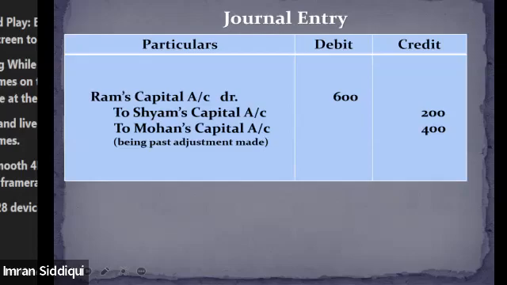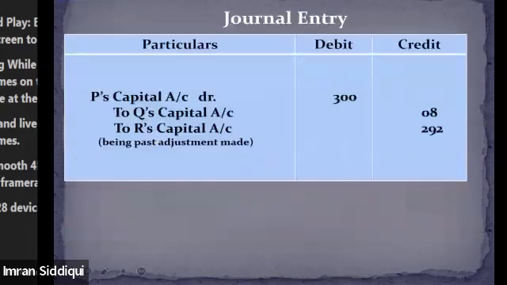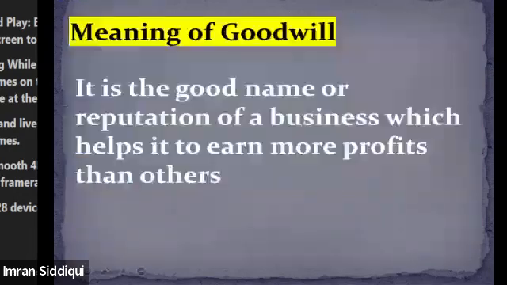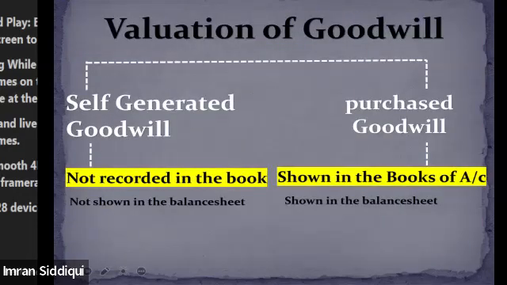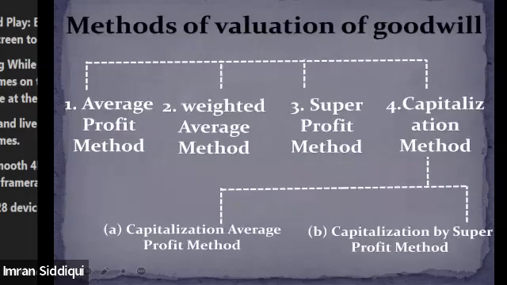Now let's see what the next thing is that we need to cover in this chapter. Next is the valuation of goodwill, everyone. Let's quickly discuss the various types of calculation that we will have to do while valuing goodwill.